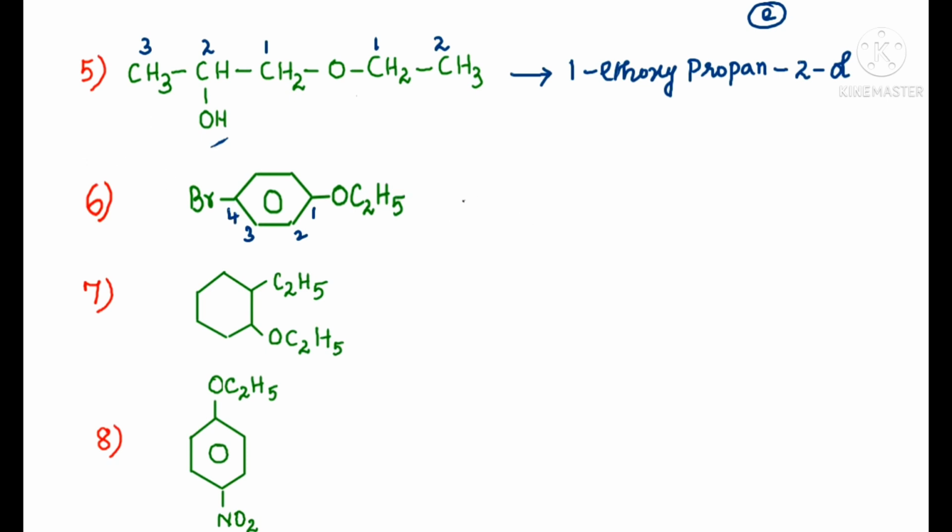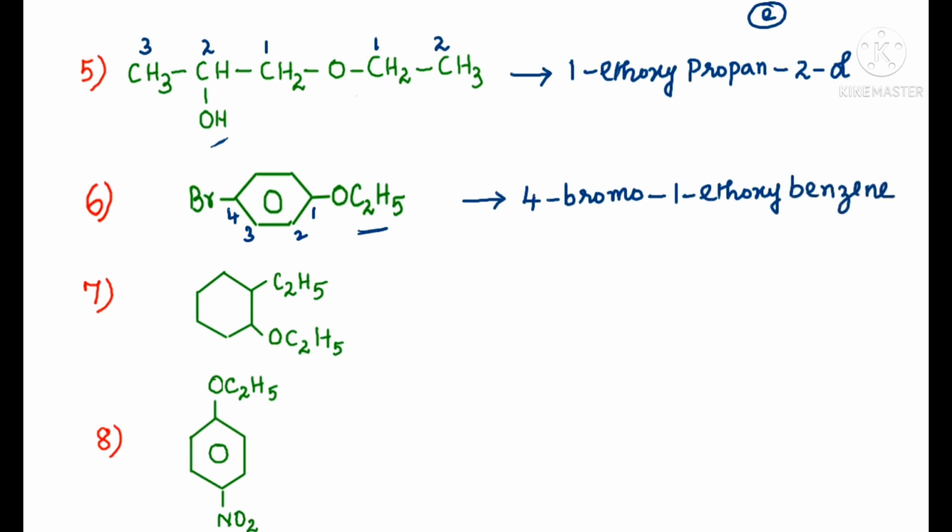We should write the substituent first, so it is 4-bromo. Then what is the position of the ethoxy group? It is in the first position, is it not? 1-ethoxy. What is the parent? It is the phenyl group, so the parent is benzene. So 4-bromo-1-ethoxy benzene. Understood, students?